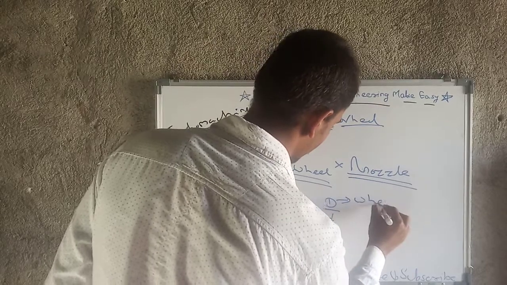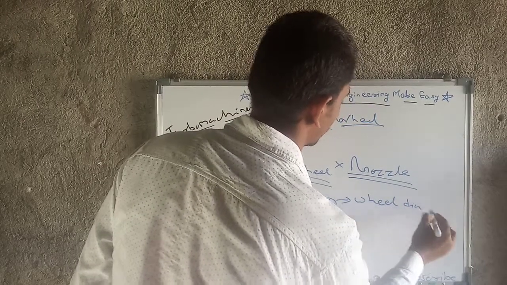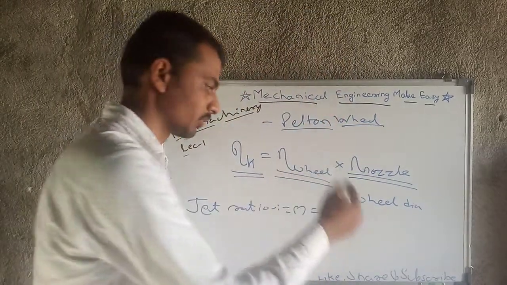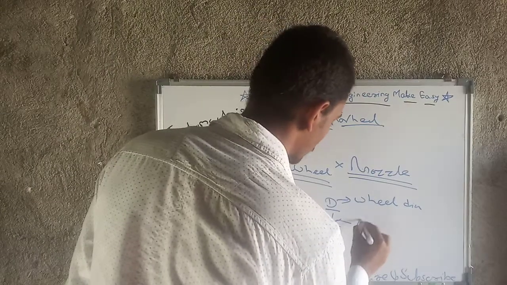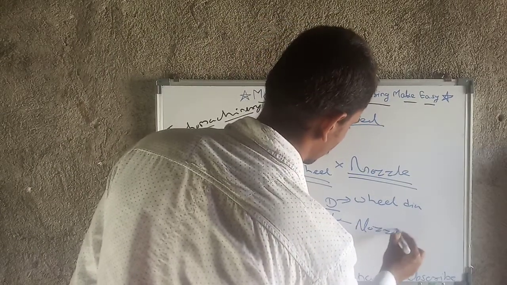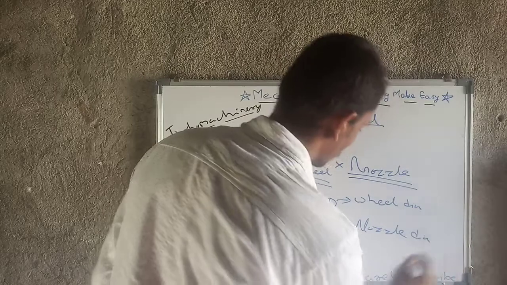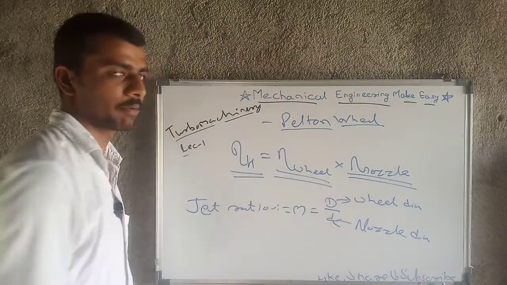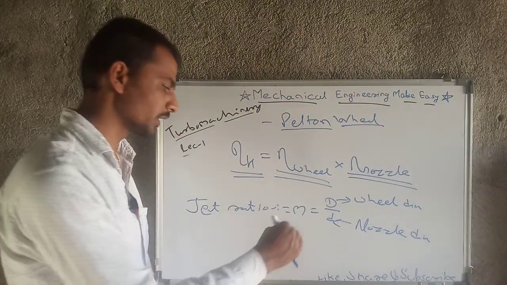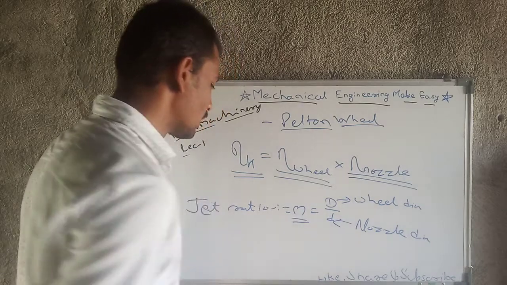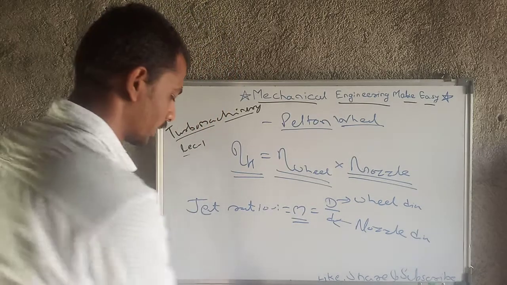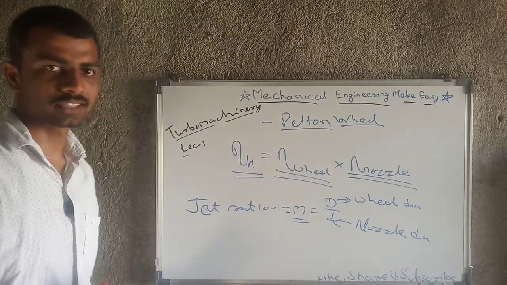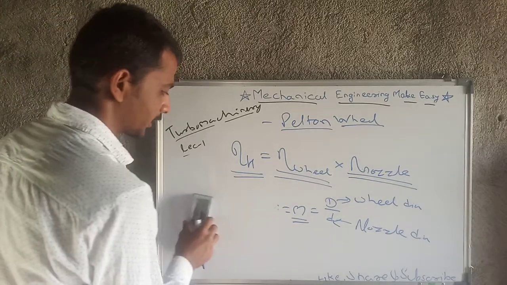This is wheel diameter, that is nothing but the turbine diameter we can say, and this is nozzle diameter. Means wheel diameter to the nozzle diameter, this is the jet ratio. Okay, note down this formula also, they may ask to calculate the jet ratio.